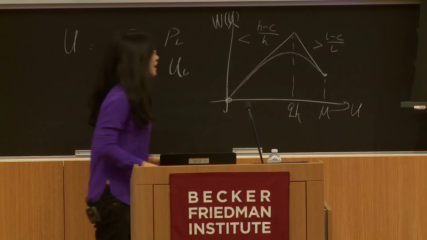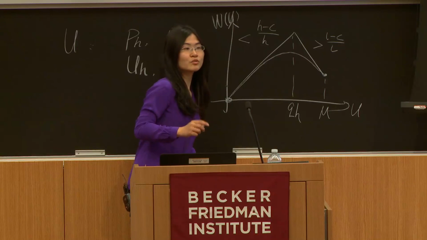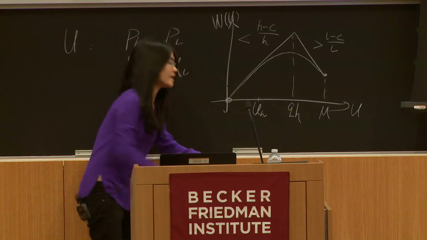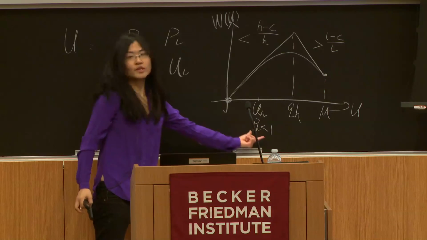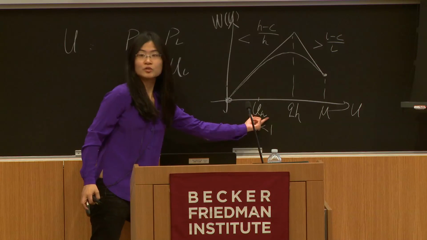So that means if the high type is not getting the good with probability 1, suppose this is the high type's promised utility and pH is smaller than 1, I can always increase pH by a little bit and decrease UH by a little bit to satisfy promise keeping.